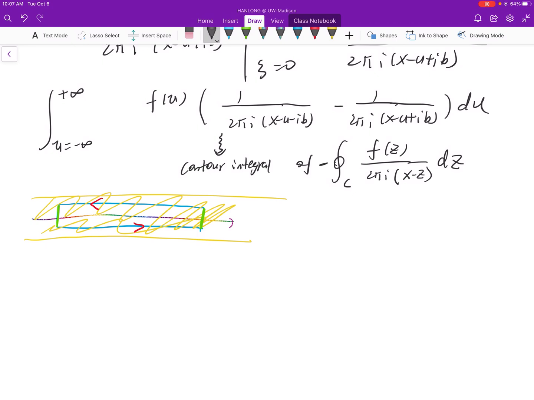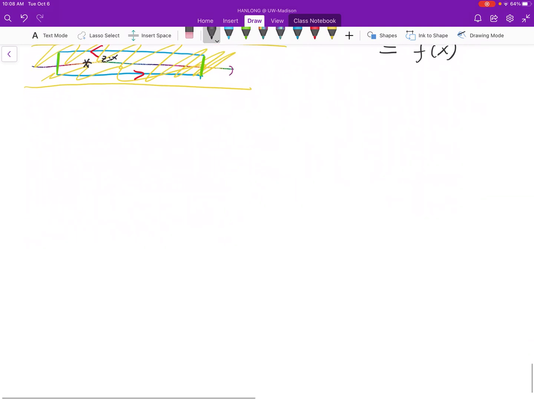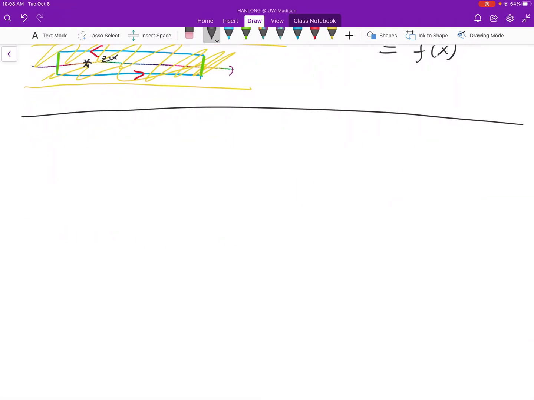Here you have a minus sign if you use a positive orientation. Then by the Cauchy integral formula, notice that the pole is at z equals x, and this is exactly f(x). So that's the idea.